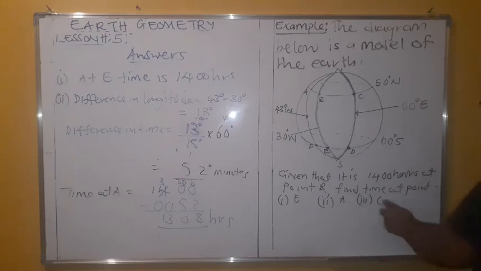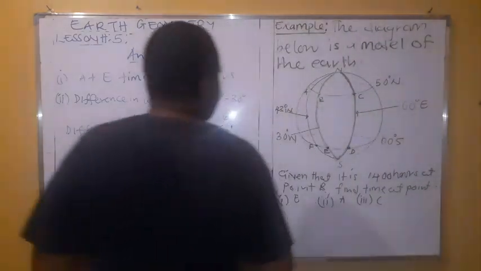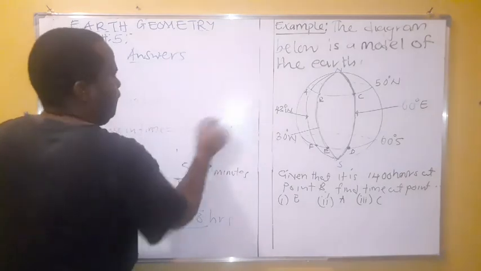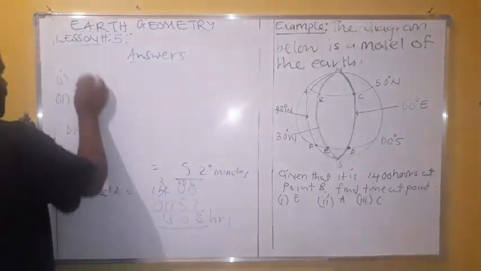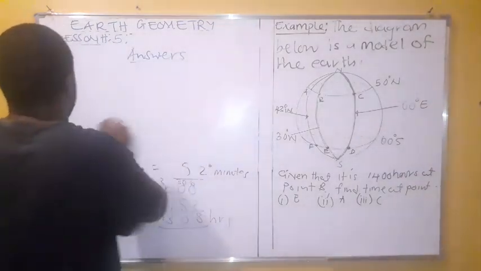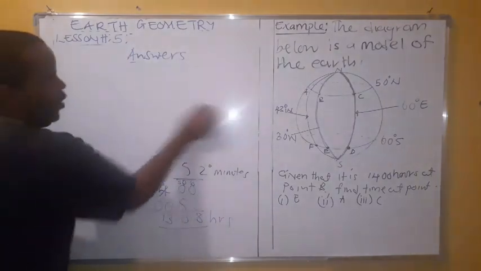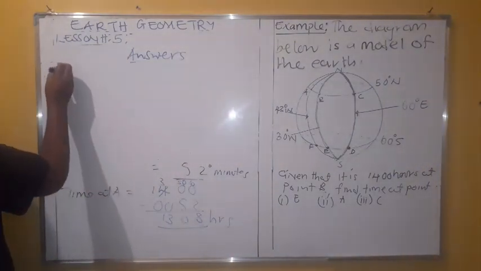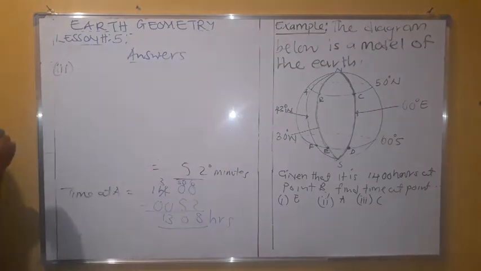C. We find the time at what? C. Okay. So this is Roman numeral 3. Let's find time at what?